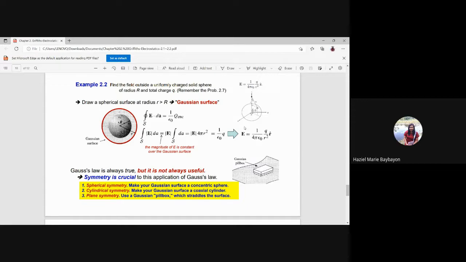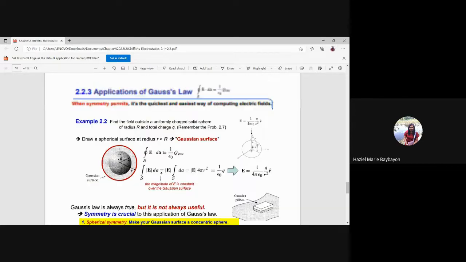Where r is equal to z, since we want to know the electric field at this point, a distance z from the center. So we can replace this r, the distance between the source point and the field point, which is actually equal to z.